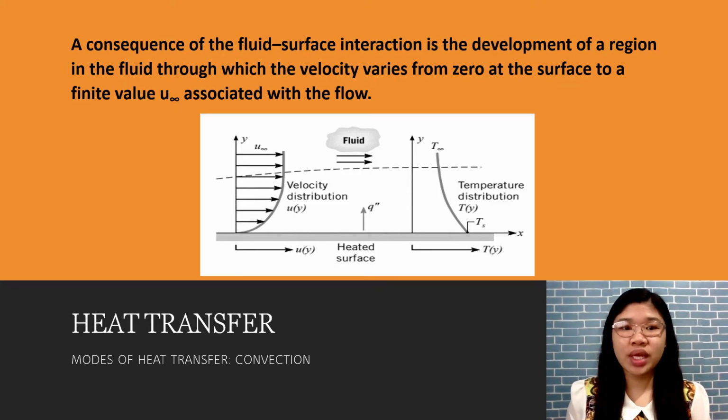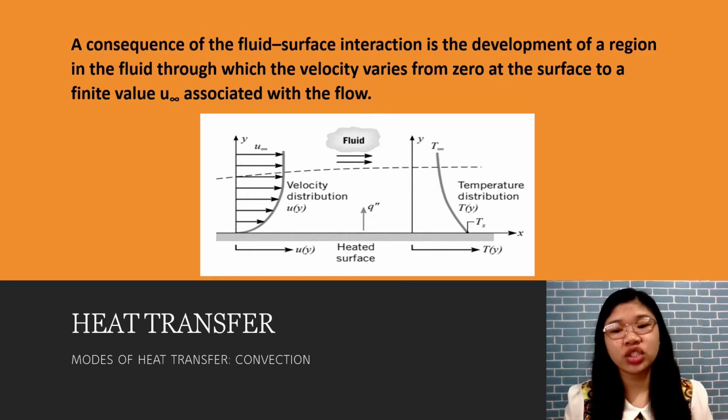Since we have conduction as surface-to-surface interaction, and then we have in convection the fluid-surface interaction. As a consequence of the fluid-surface interaction in convection, there is the development of a region in the fluid through which the velocity varies from 0 at the surface to a finite value.